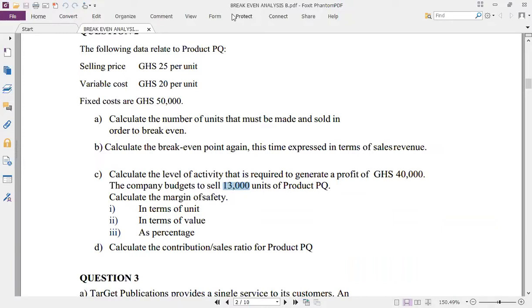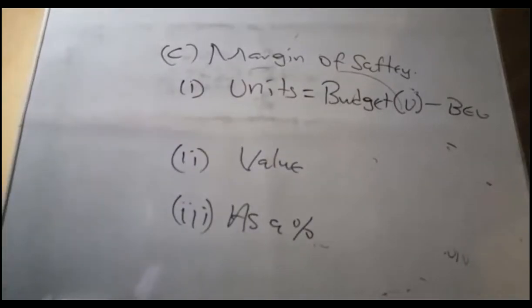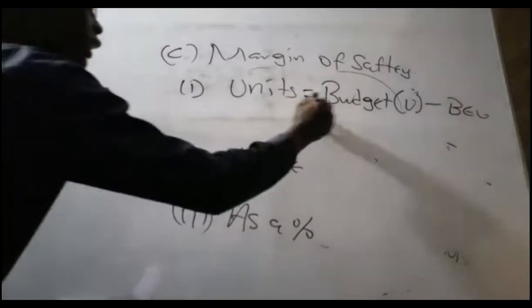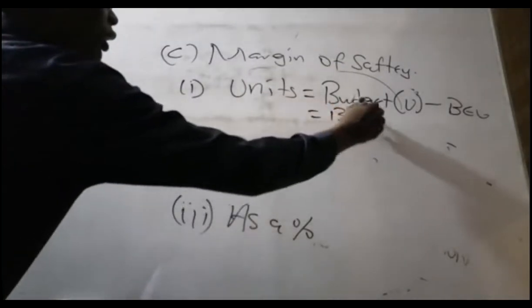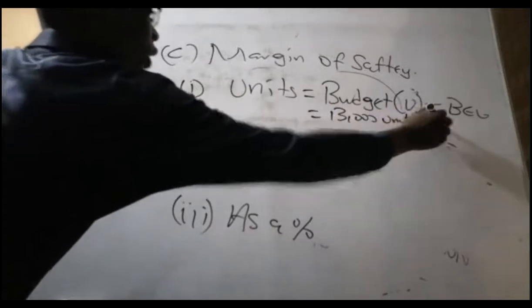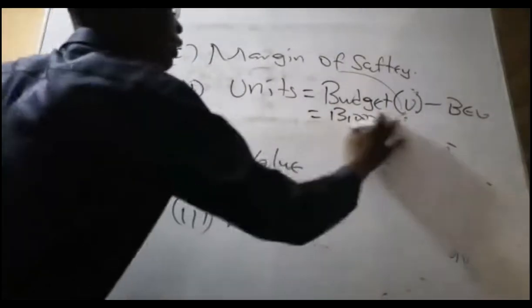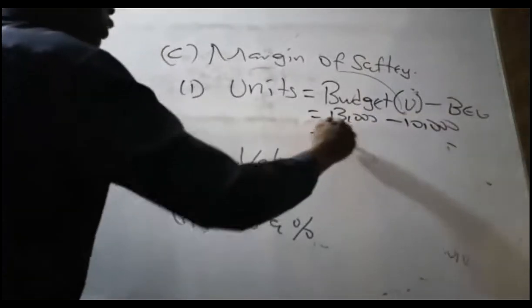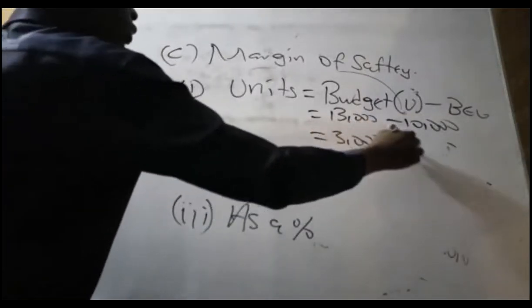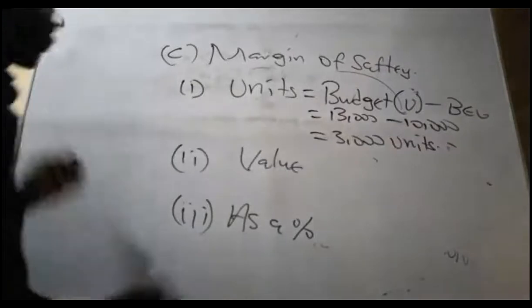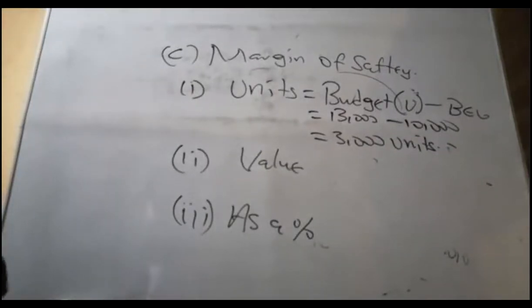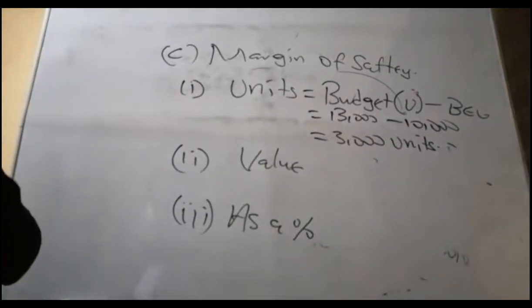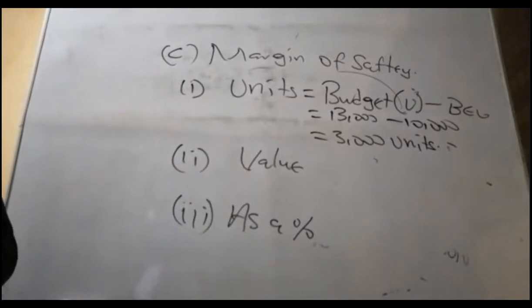Therefore, margin of safety in units is 13,000 minus 10,000, which equals 3,000 units. That is all.